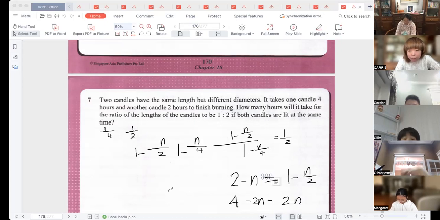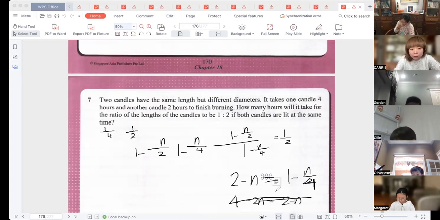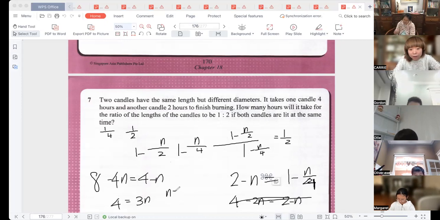Oh, sorry, this one is 4. Copy it down. So times 4, so 8 minus 4n equals 4 minus n. So 4 equals 3n, and n equals 4/3 hours.